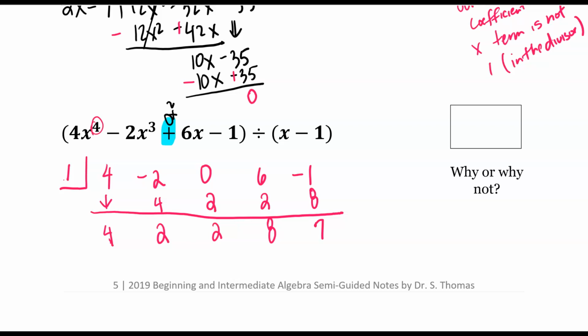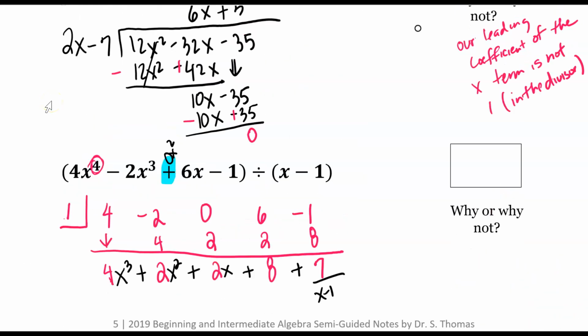Since we started with the 4th power, we will have 4x cubed, because it's always going to be 1 degree lower. So 4x cubed, and we go down in descending order, plus 2x squared, plus 2x, plus 8, plus 7 over x minus 1.